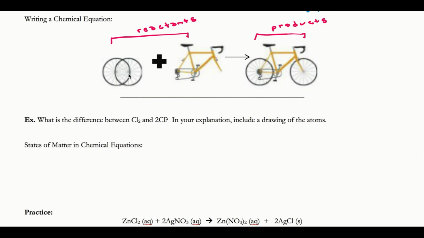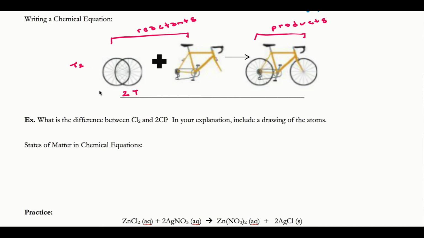Okay? A couple of other things that you will see. So I'm going to represent tires with a T and let's say the body of the bike with a B. Okay? So notice I have 2 separate tires here. So I'm going to represent that with a 2T. And the 2 in front tells me I have 2 individual tires. Now, if those tires were connected to each other, if they are actually attached, the way I would represent those tires would be T with a subscript 2.